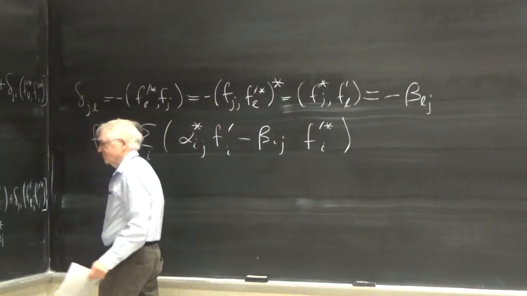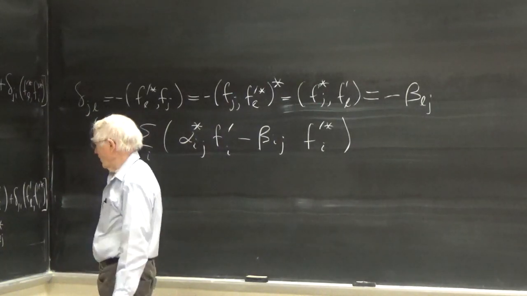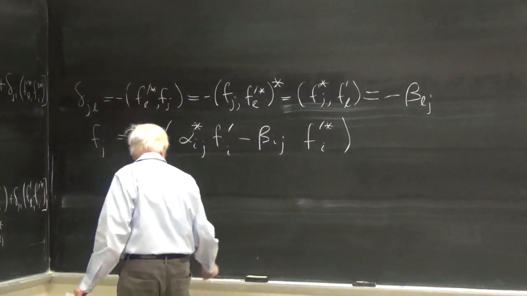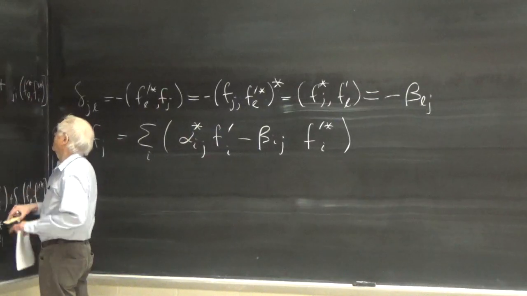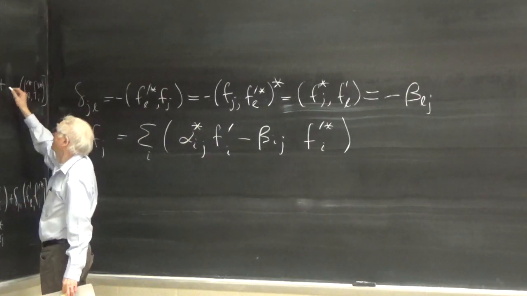There's a simple way out of that, though. What I can do is just replace delta with D. I don't know why I use Greek letters at all.